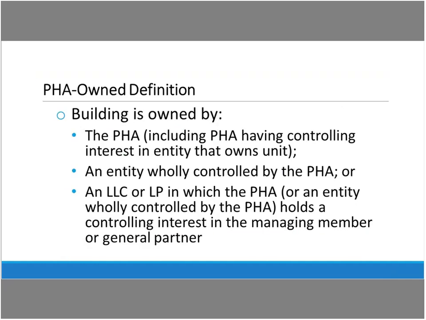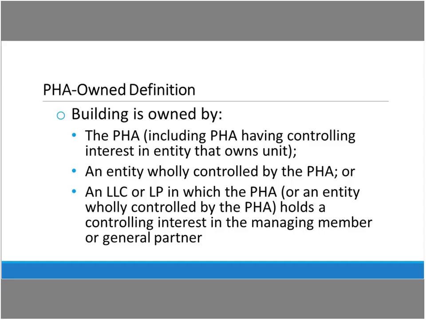Keep going here. So let's talk about the PHA ownership. In the eyes of the project-based voucher program, the PHA ownership is achieved if the building is owned by the housing authority, or if it's owned by an entity wholly controlled by the housing authority.